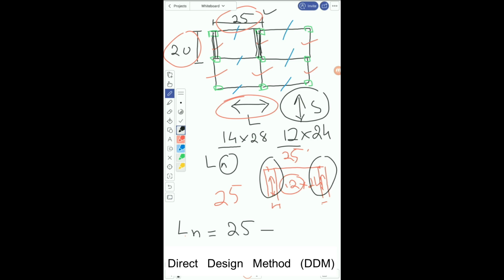So you can say you're going to subtract 12 inches completely. I'm going to convert 12 inches to feet by dividing by 12. This will become 1 foot, 25 minus 1, and the answer will become 24 feet. This is the value of longer clear span.